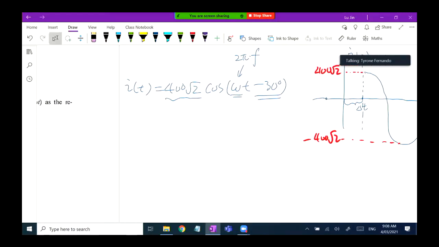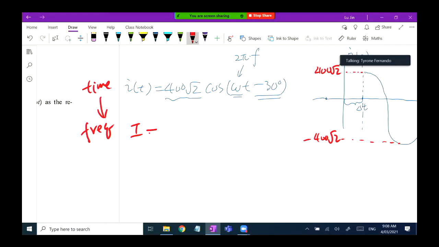This is in the time domain: we have this instantaneous current. After we finish the conversion, the phasor form will be in the frequency domain. In the frequency domain, time is not an important factor at all because we focus on the frequency. After the conversion, you get a new notation, capital I, which is not a function of time t anymore.